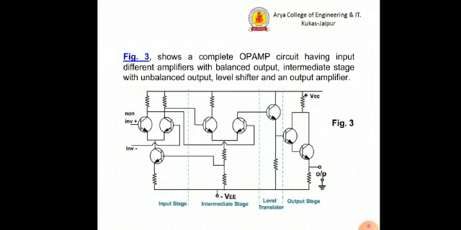Next is the level shifter transistor, and the last one is a push-pull configuration. So you can see the op-amp is a cascade of many differential amplifiers, a level shifter, and at the output we have a push-pull configuration.